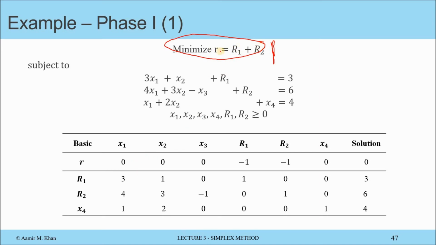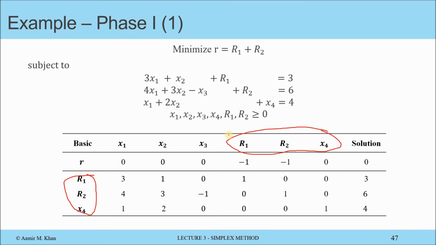So if you make it into equal to form, R minus capital R1 minus capital R2 equal to 0, it will give you these two coefficients, minus R1 minus R2, and the others it is the same story you have already seen. So remember that this is the basic solution given based on the artificial variables, and initially you have got these basic variables R1, R2, X4, and you need to manipulate them.